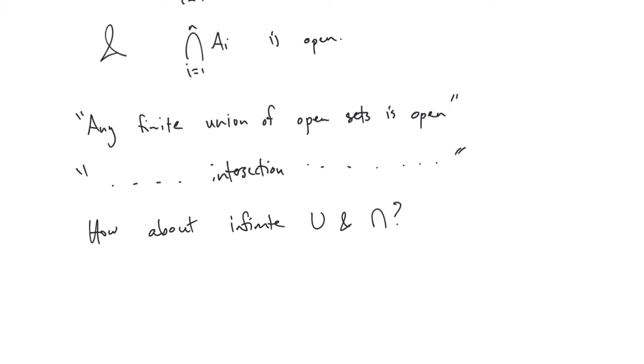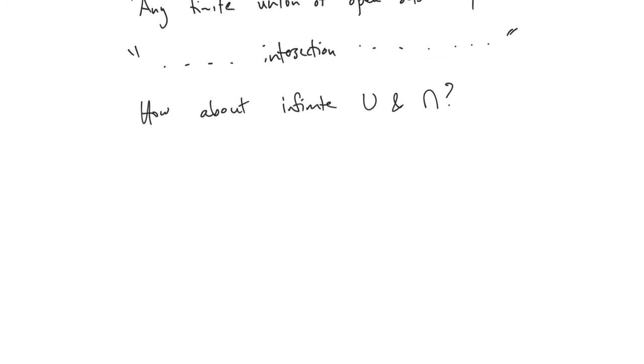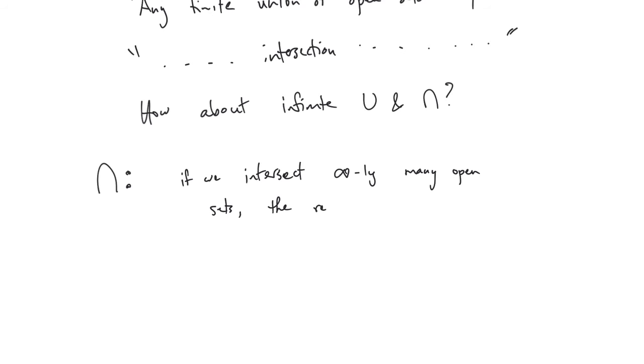By infinite union and infinite intersection, I mean a union of infinitely many things, or an intersection of infinitely many things. Let's look at intersection. Actually, if we intersect infinitely many open sets, the result may not be open.